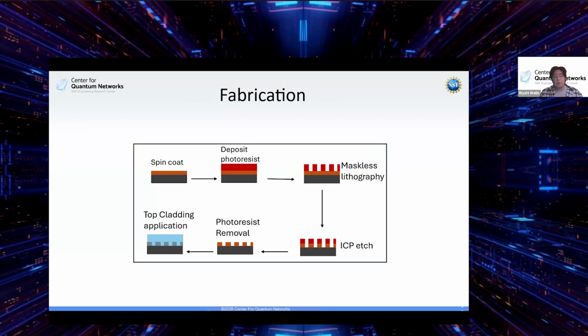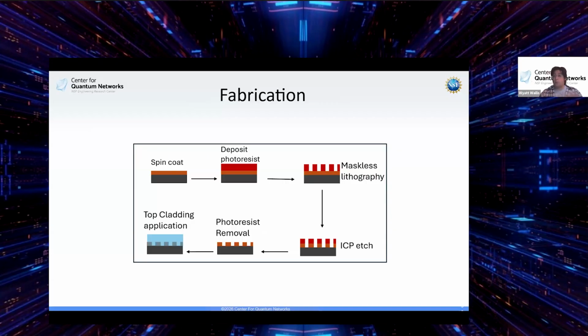We'll talk more about that. The whole idea is that you spin coat on this orange material, the material you want to make a waveguide out of, on top of a wafer. Usually it's going to be silicon with a thin film of silicon dioxide on it, or fused silica, so that you get total internal reflection.